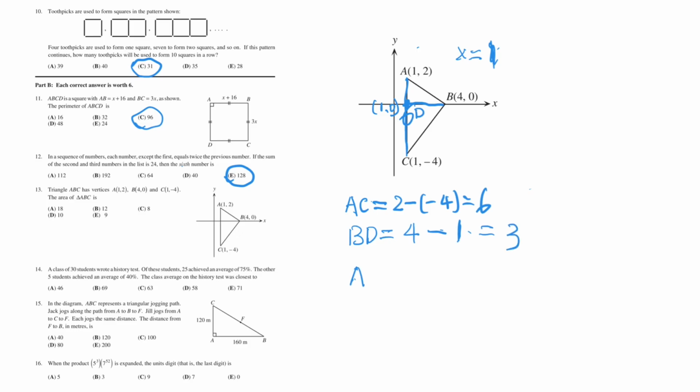Area of the triangle is 1/2 base times height. The base is AC, the height is BD. So 1/2 times 6 times 3. Cancel 2, that's 3 times 3. It's 9. So the answer of 13 is E.